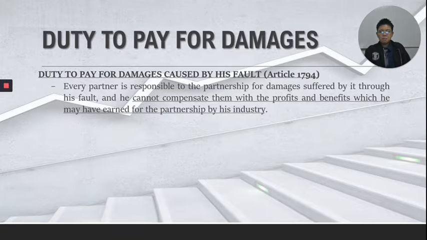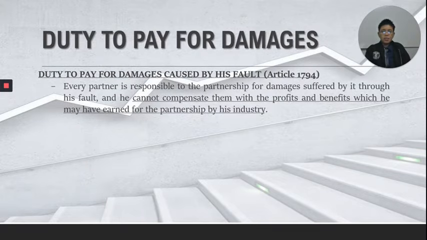Now here, remember, in 1794, the partner who causes damages to the partnership is not allowed to compensate the damages caused with the profits and benefits earned by his industry. So let us say a partner causes damage to the partnership in the amount of 100,000.